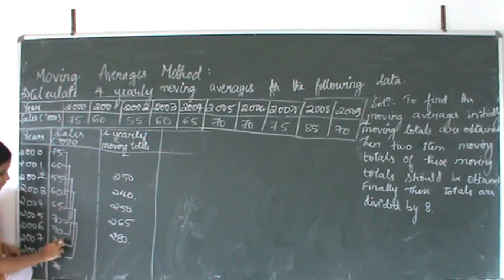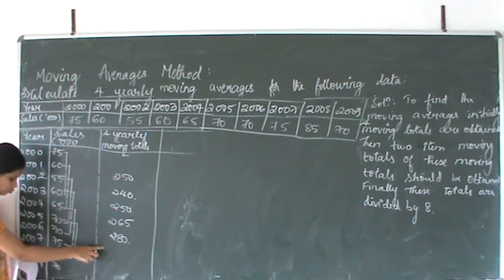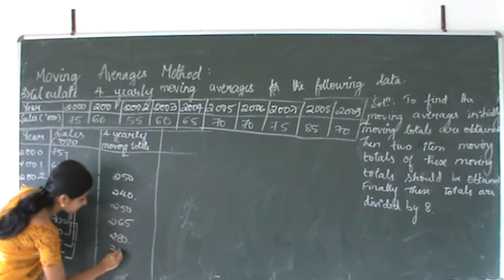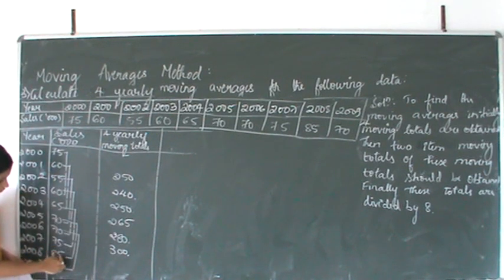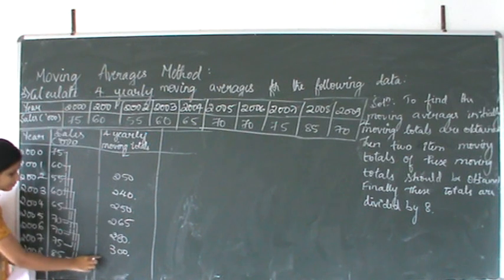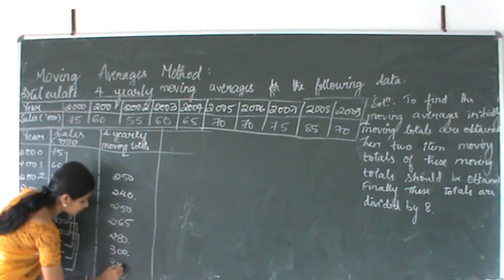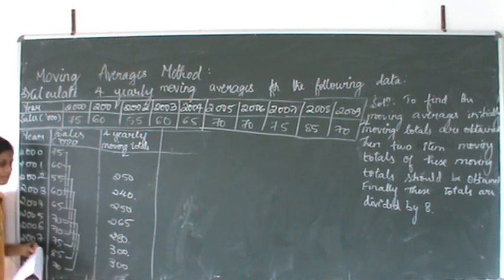Between 70 and 75, you are going to write the total, and the total is 300. Next, 70 to 70: 70 plus 75 plus 85 plus 70. The value is 300, and you are going to write it in between 75 and 85. Last line will be blank.